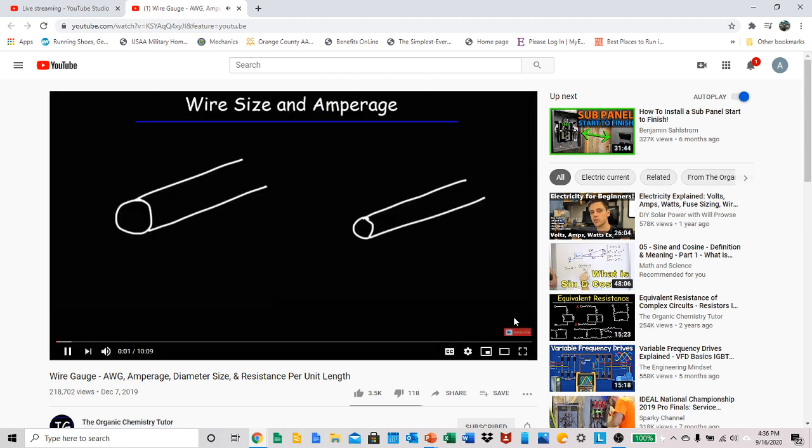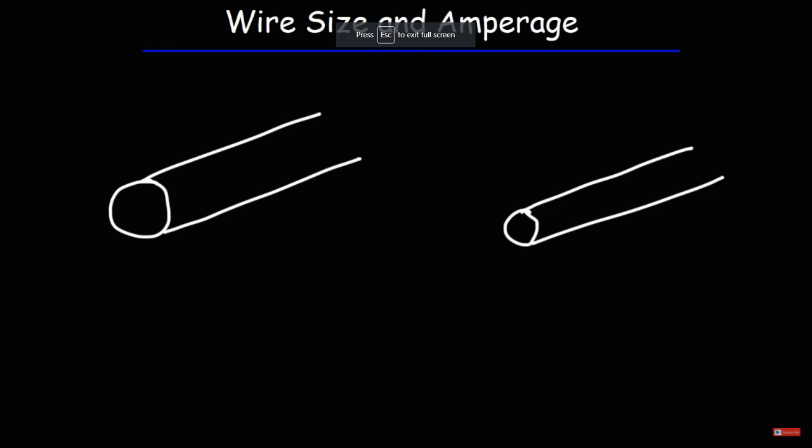In this video, we're going to talk about wire size, wire gauge, amperage, diameter, and other things related to this topic. Perhaps you've seen this abbreviation, AWG. This stands for American Wire Gauge, and it tells us the size of the wire and how much current it can safely handle. So the picture on the left represents a wire gauge of 10.